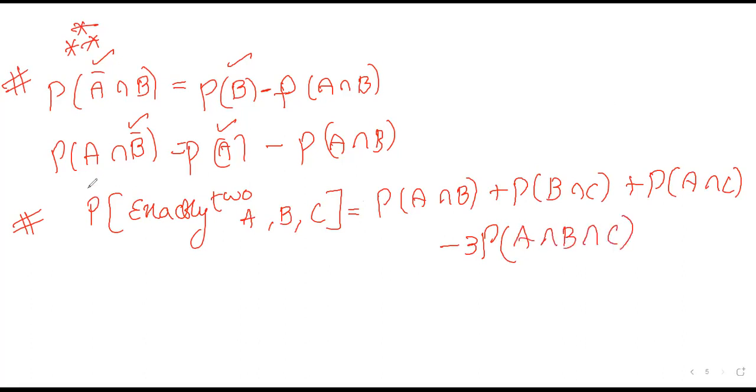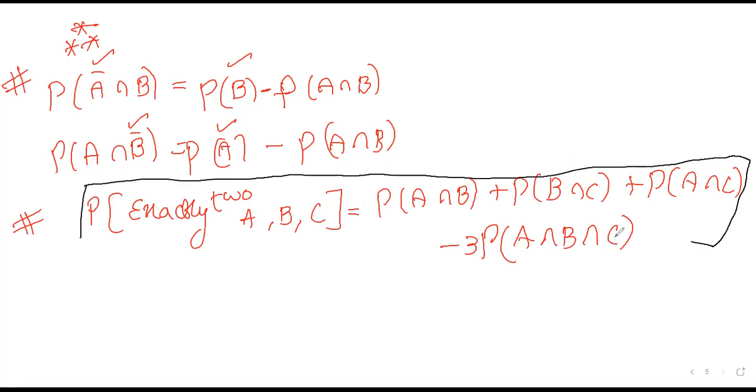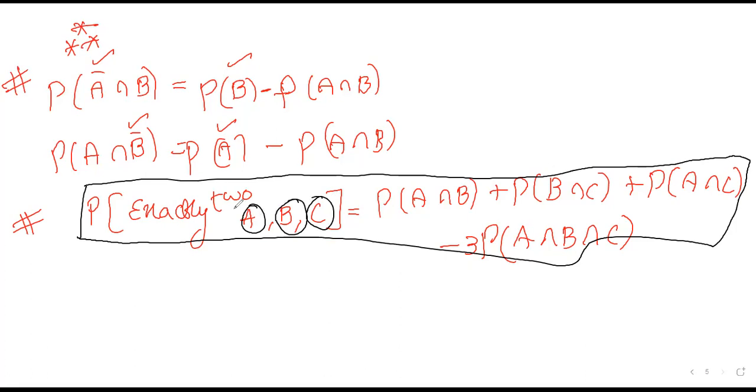In any three events, it is the selection of any two. Understood my point? If we have three events A, B, C, in those three, the selection of any two is P of A intersection B plus P of B intersection C plus P of A intersection C minus 3 times P of A intersection B intersection C. This is any two occurring.